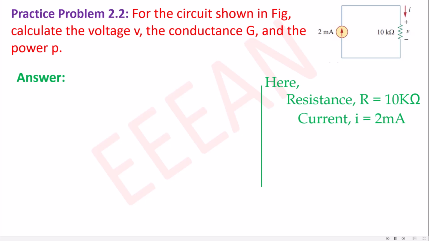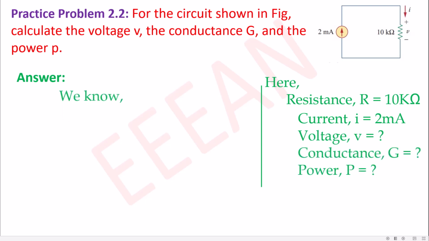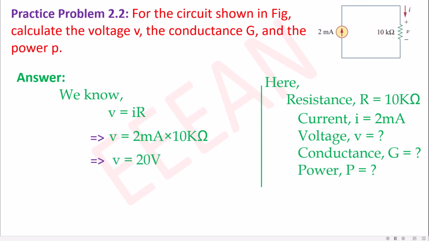The two values are given and we have to obtain the values of voltage, conductance and power. So we know voltage V equals IR, and put the values of I and R, 2 milliampere into 10 kilo ohm, then we get 20 volt.